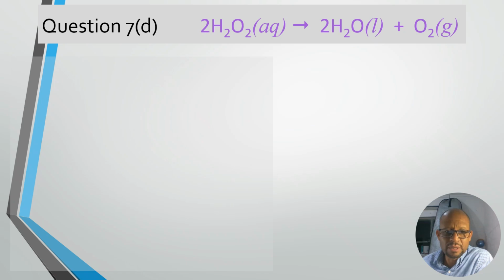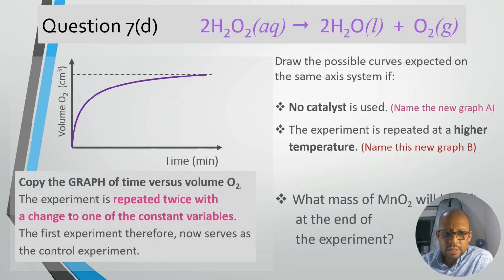Okay, the part D of this question, and this one is long, so let's read through it. You have to copy the graph of the volume versus time graph over onto your answer booklet. And the experiment is now repeated twice with a change to one of the constant variables. The first experiment, therefore, will now serve as the control experiment.